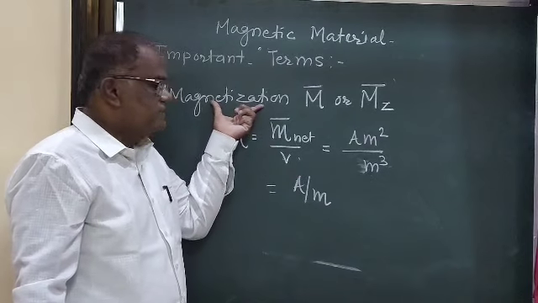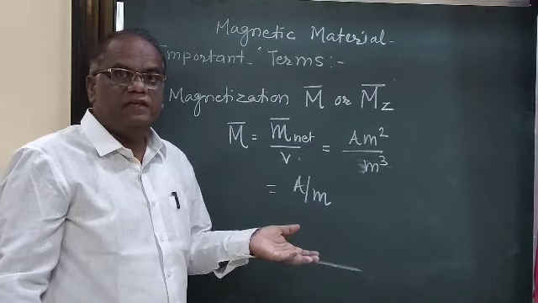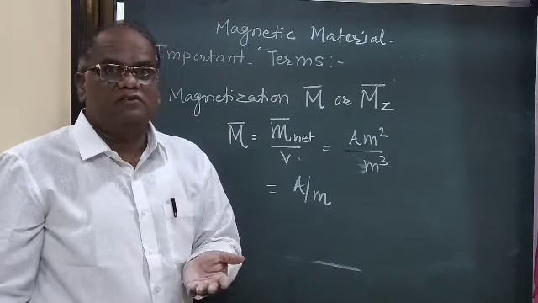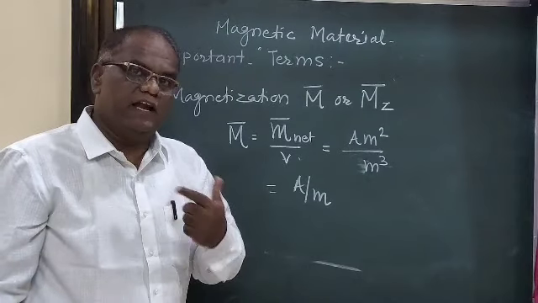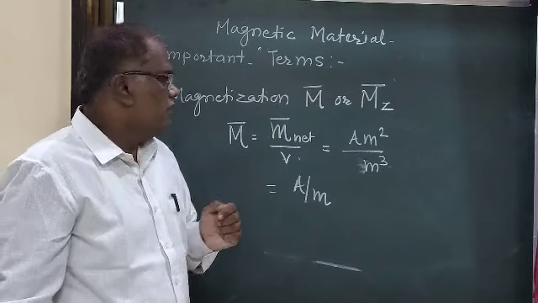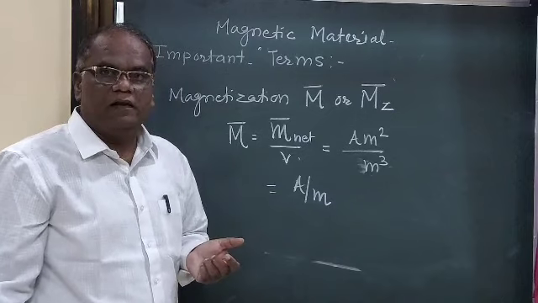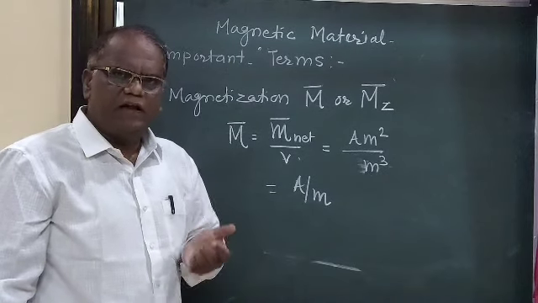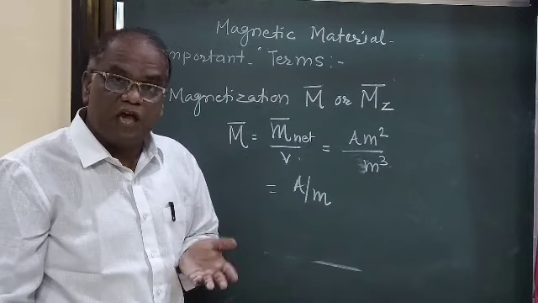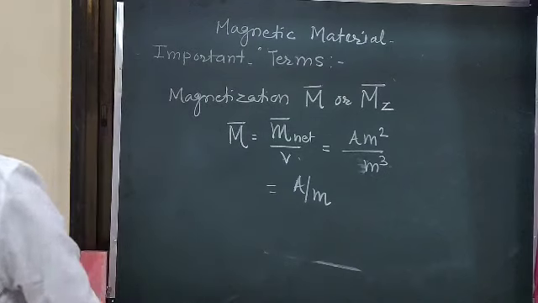This magnetization explains the extent to which the substance is magnetized when it is placed in an external magnetic field. Thus, we know that there are different paramagnetic substances, and different paramagnetic substances have different values of magnetization.